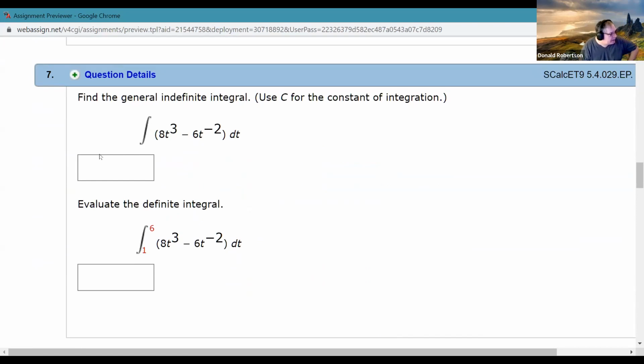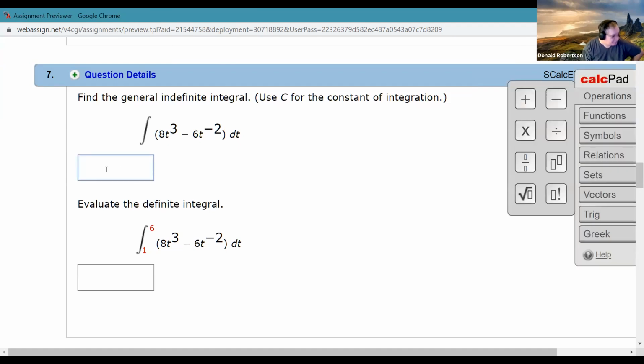Now, in question 7, let's find the indefinite integral. I don't need to talk about that one. Would you agree that one is power rule? Good to go, don't need to do any algebra. In fact, since this guy is written as a negative power, can't we just leave the answer as, well, what would it be?